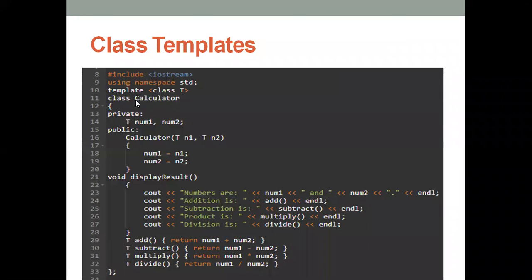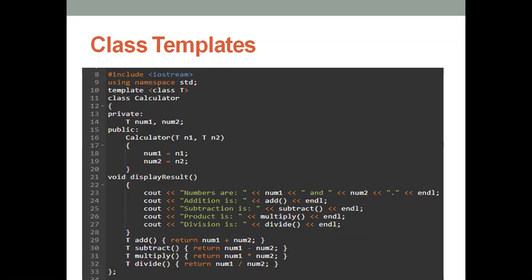The class name we are using is calculator. This is the template num1, num2 we will use for this class calculator. This is the constructor of the template class. Next one is display result, another method of the template. There are other template methods: add, subtract, multiply, divide.